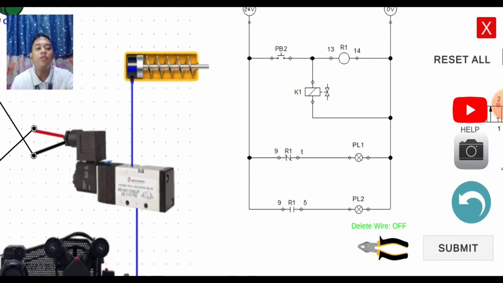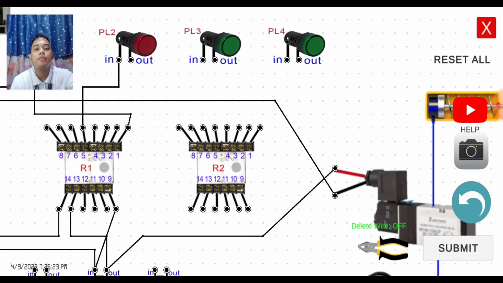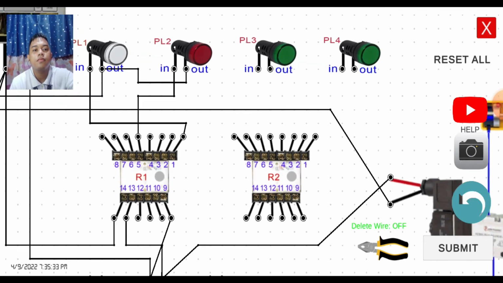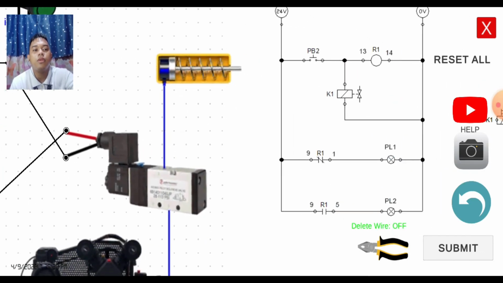But to make it easier for us, we can connect it to the output of PL1. So we are done wiring.